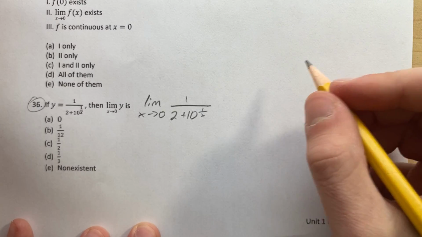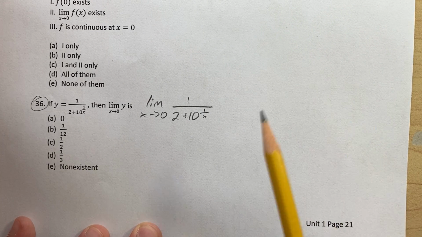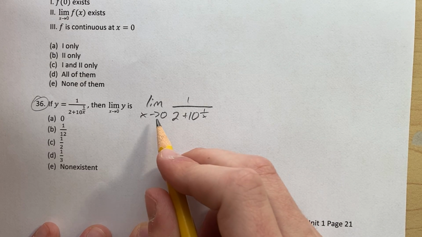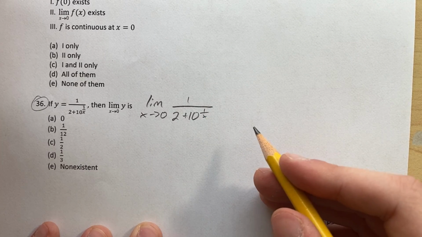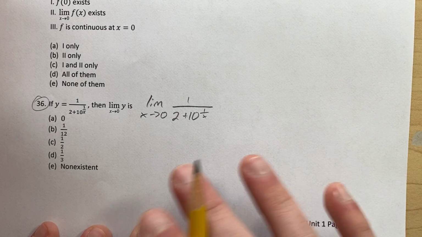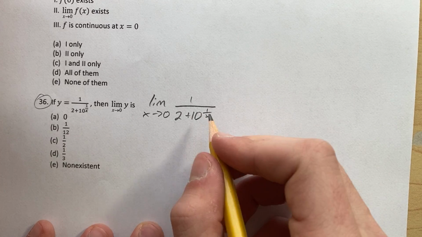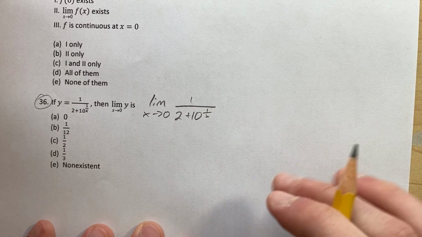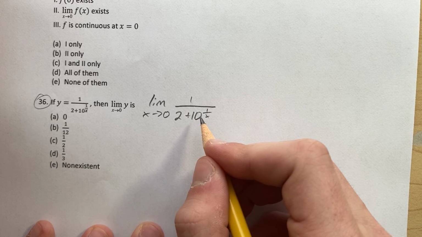So remember, when you're taking the limit of something, you're looking for the limit both from the left and from the right. And the limit as x approaches 0 of 1 over x from the left is going to be negative infinity. And from the right, it's going to be positive infinity. So when you see this, immediately you should think that you want to separate it, because those are going to be very different values if you plug them in.